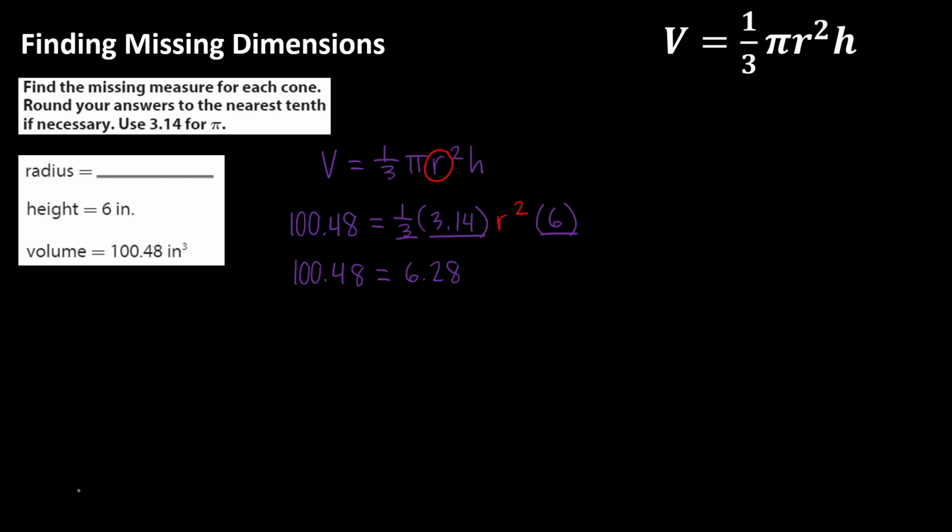So 6.28 times r squared is equal to 100.48. So now we're trying to get r by itself. So that means we need to divide both sides of our equation by 6.28.